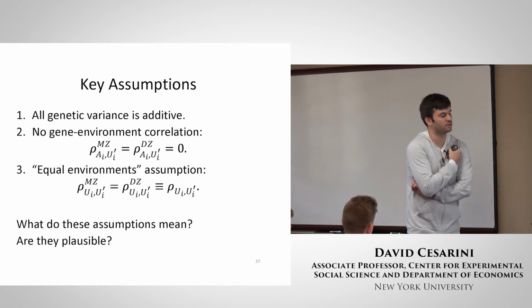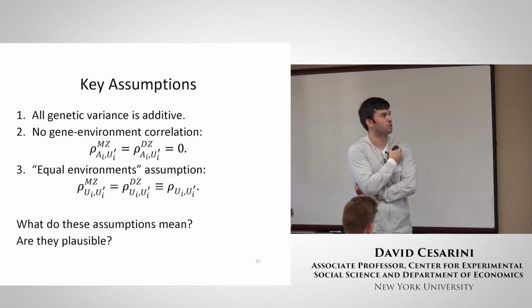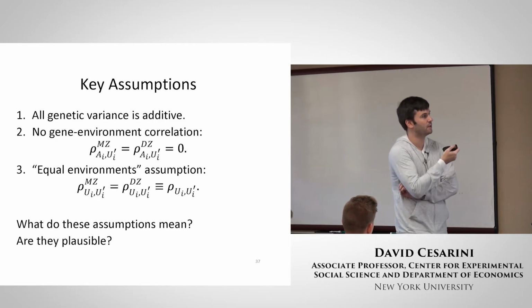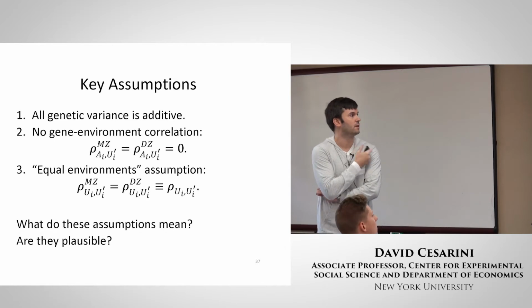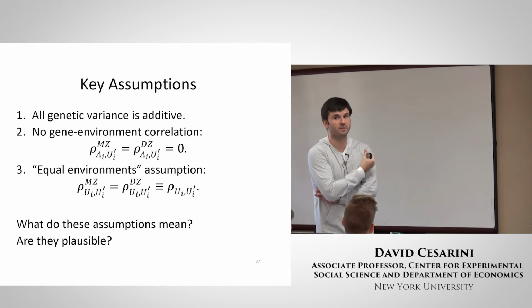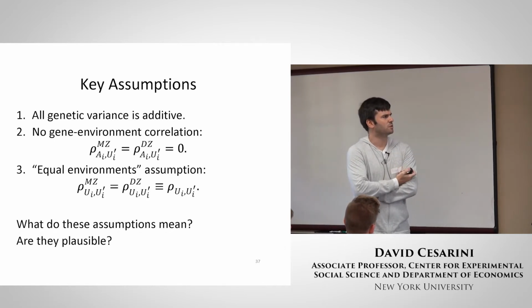It seems hard to imagine how that wouldn't be the case, because parents with higher educational attainment are going to have better earnings. They're going to live in better environments on average. They're going to be able to supply their children with better environments, and some of that is going to be picked up in the U_i term. And then on top of that, they're going to independently transmit their genes to their children. So it seems plausible that this number is not zero, but it's routinely assumed to be zero.